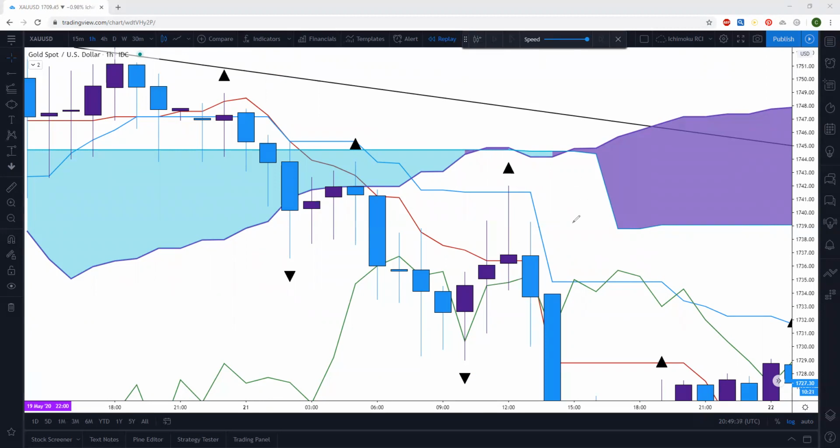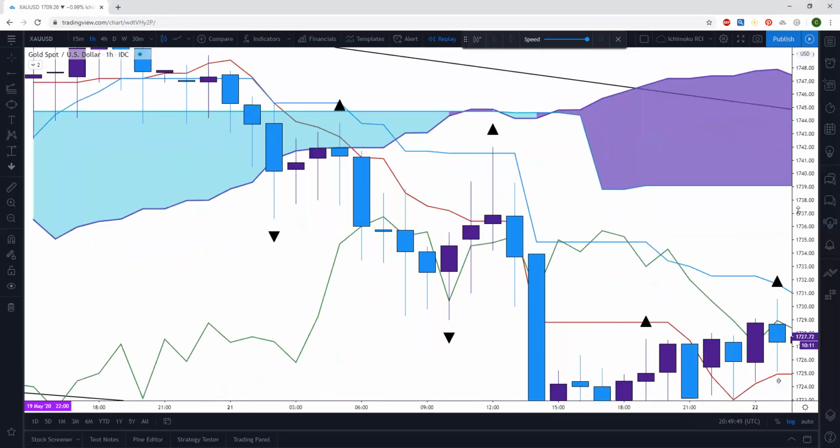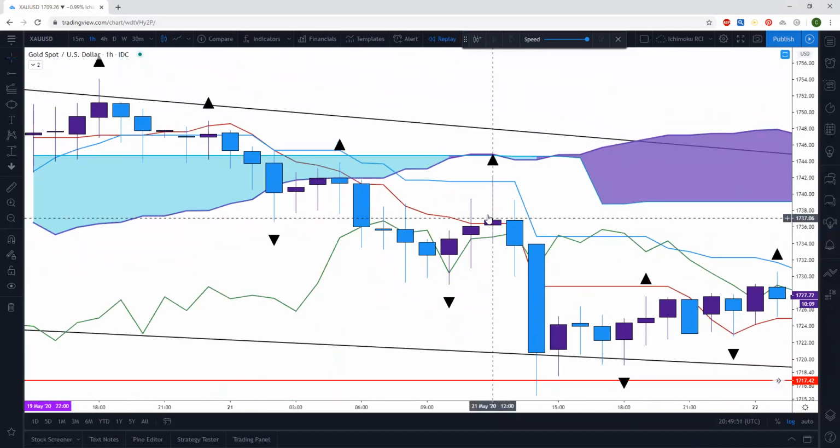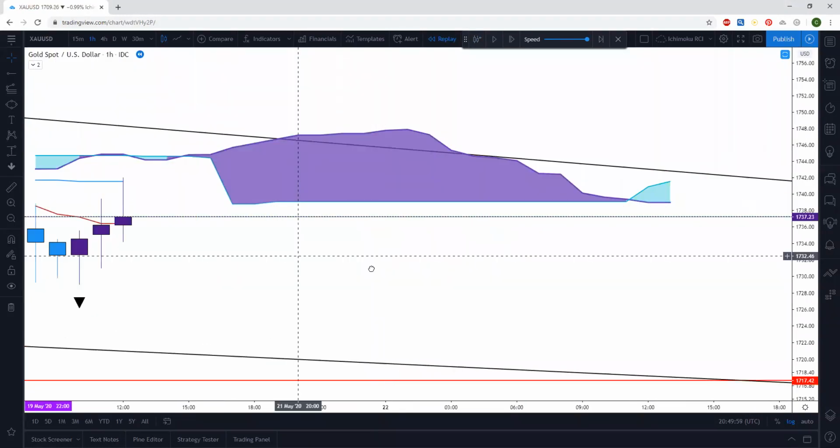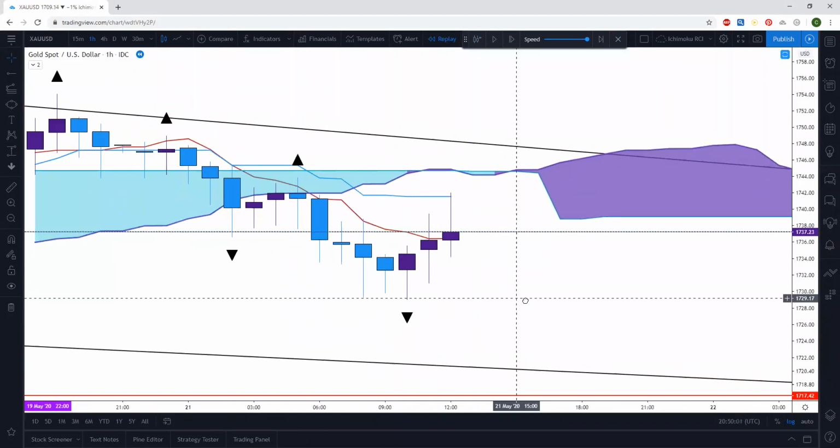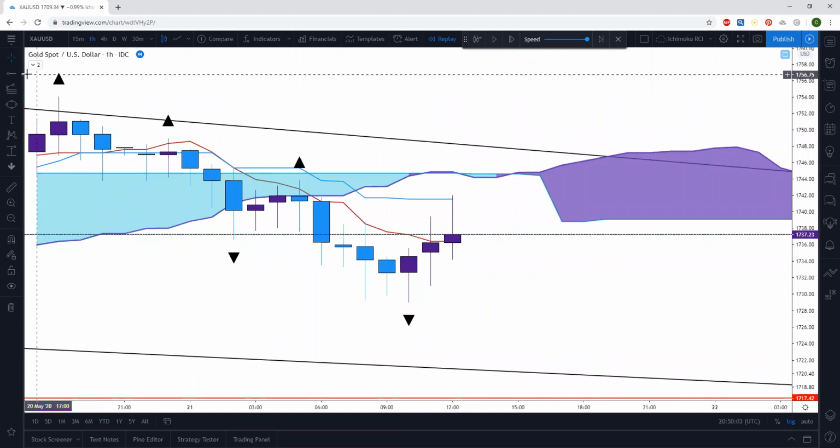Shooting star. So whenever you identify a price action candle at a flat Kijun on the 1 hour, that's when you're going to want to look at the lower time frame as well.